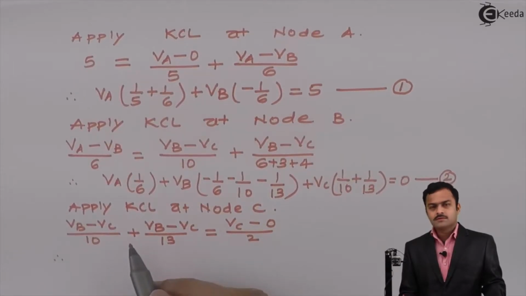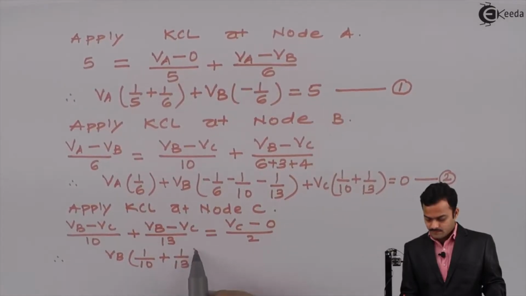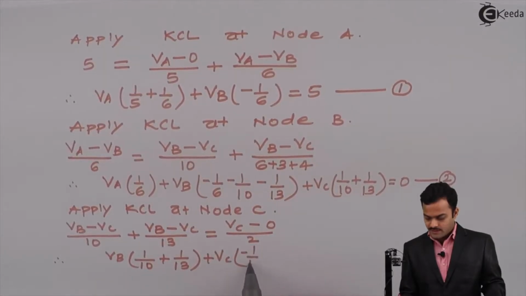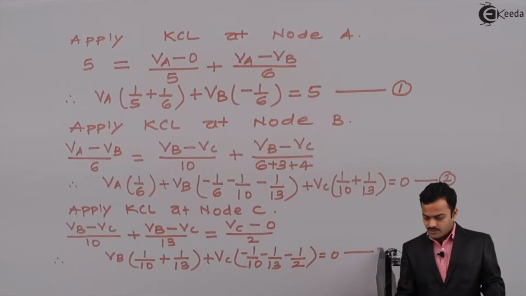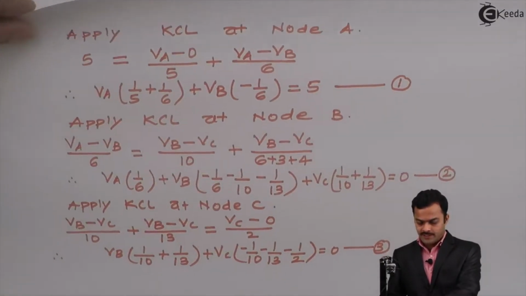Let's rearrange the terms. There are no VA terms present. So VB (1/10 plus 1/13) plus VC (minus 1/10 minus 1/13 minus 1/2) equal to 0. Equation number 3.